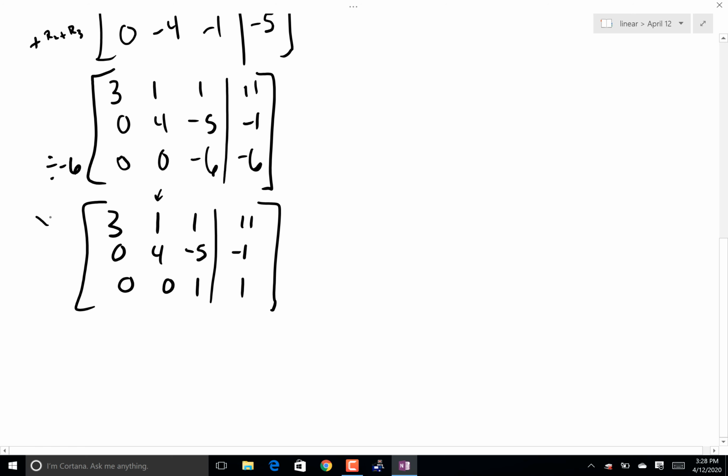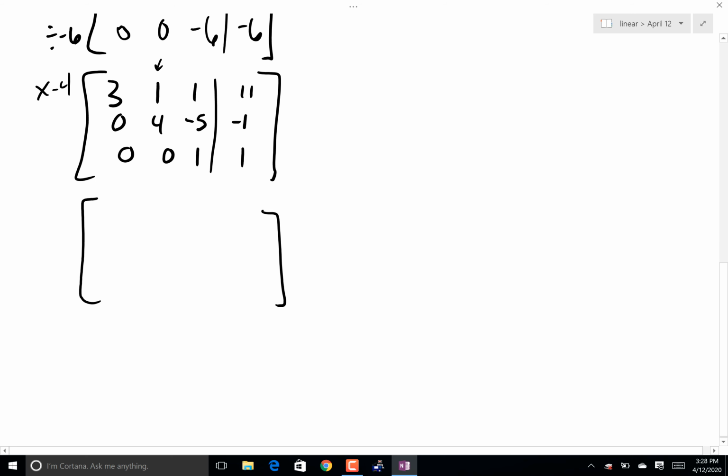I need to get this to be a 0 now, yes? So I'm going to times the top row by -4, I guess, and then I'm going to add them together. Remember, the bottom row is not changing. I'm not changing the middle row this time. I'm going to multiply the top row by -4 and then add it to the second row.